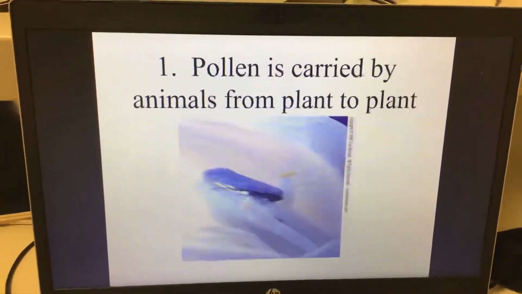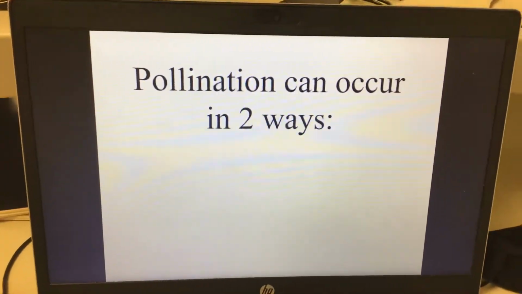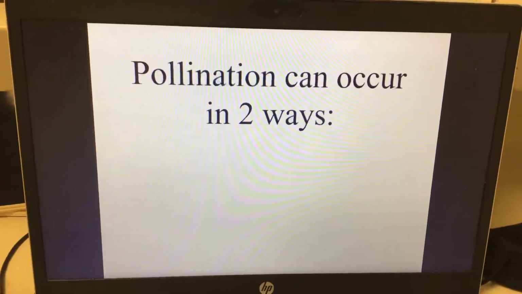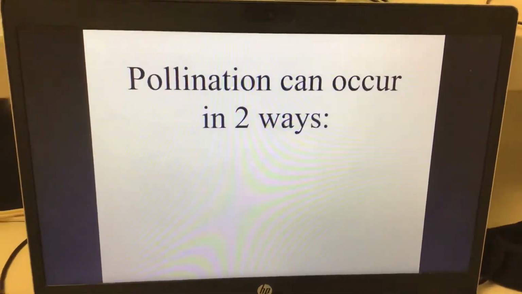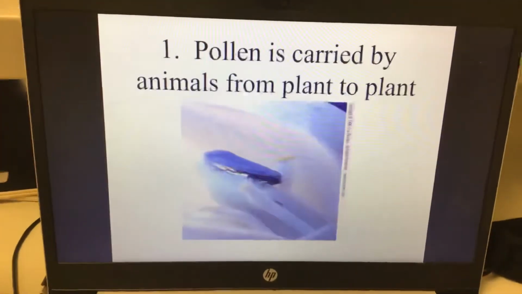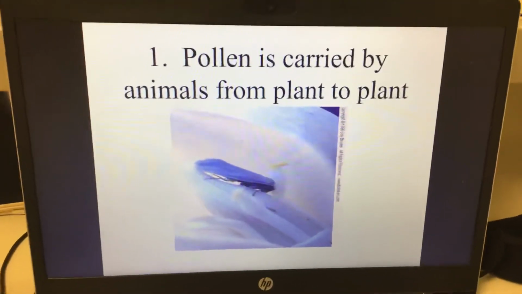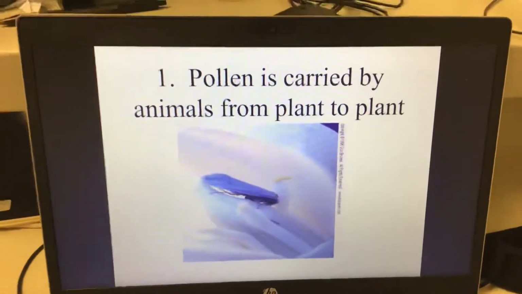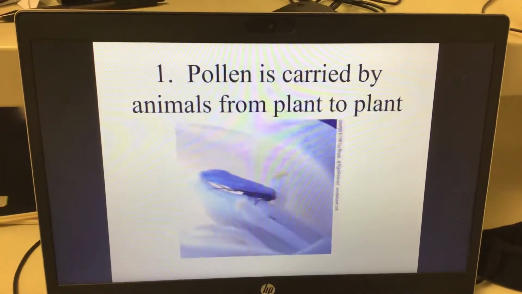Pollination can occur in two ways. You better write this. If I'm going too fast, you can always pause. The first way: pollen is carried by animals from plant to plant.